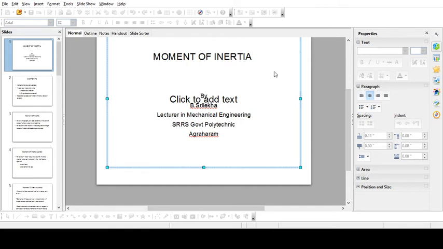Similarly here also, this is the moment of inertia about the centroidal axis, and this A hx square is the area into the square of the distance between the two axes.